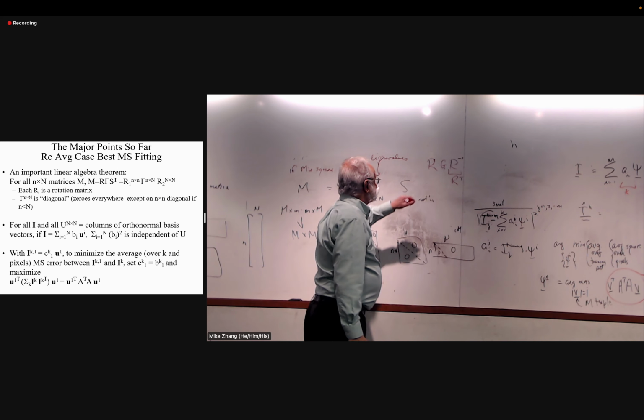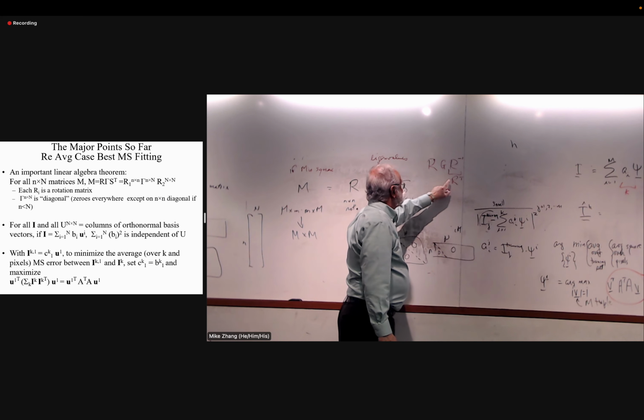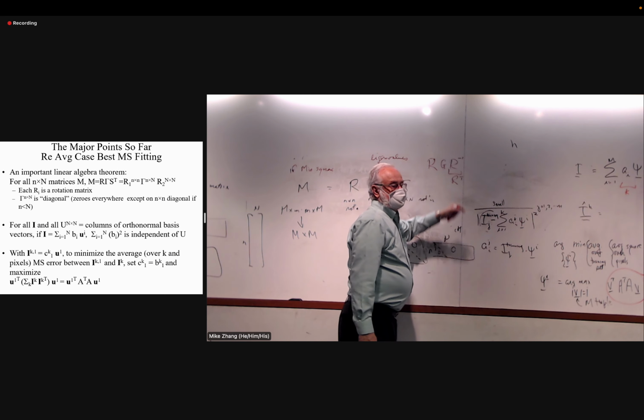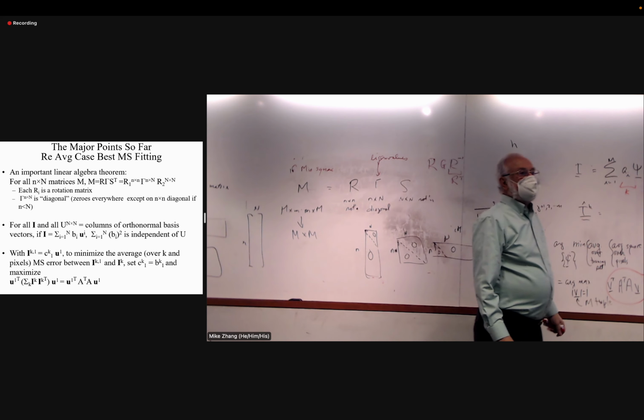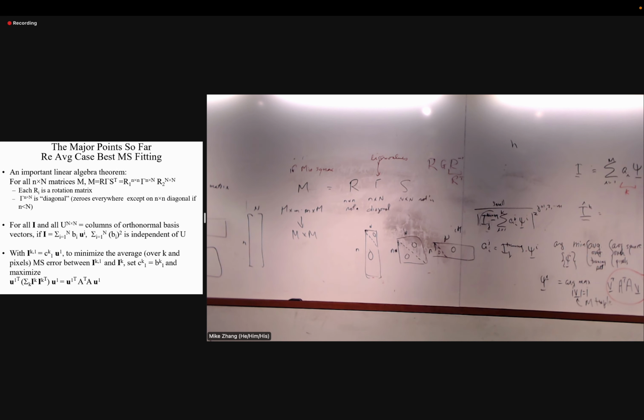So, guess what? These guys, it or its transpose, are the eigenvectors. The rotation matrix is just the list of eigenvectors. Right? Because what you're doing is you want to diagonalize our square matrix.